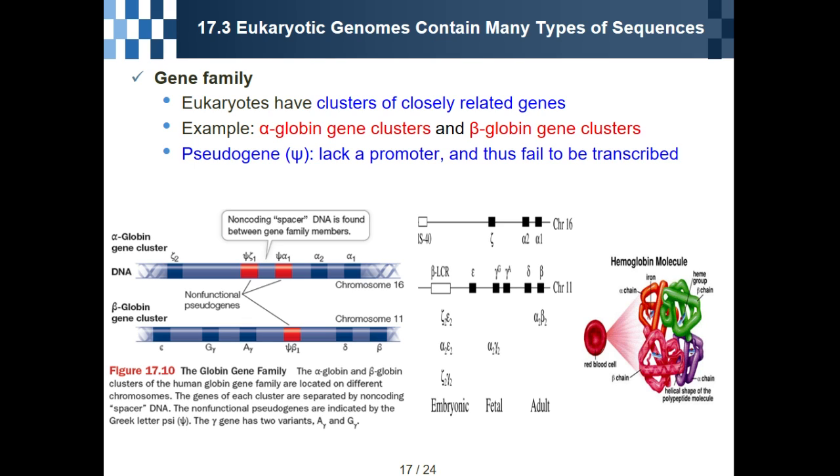They fail to be transcribed. So we don't know why pseudo genes exist. We don't know why, but our advanced eukaryote has pseudo genes. If you reveal the reason, you will receive the Nobel Prize, I think.